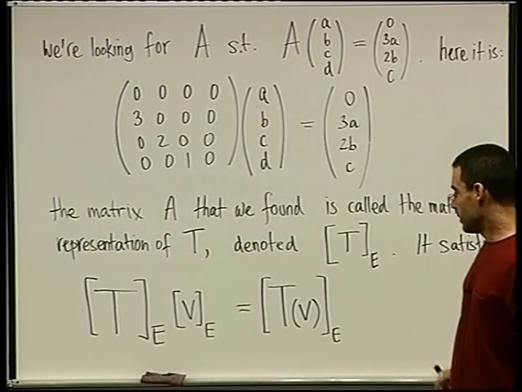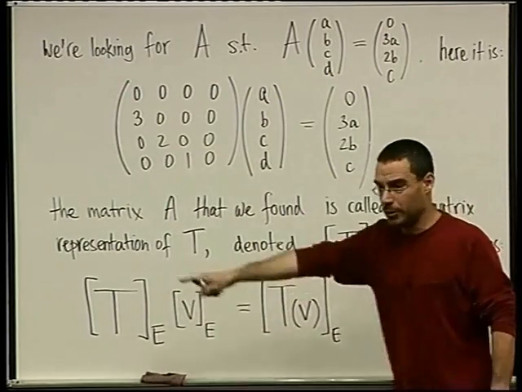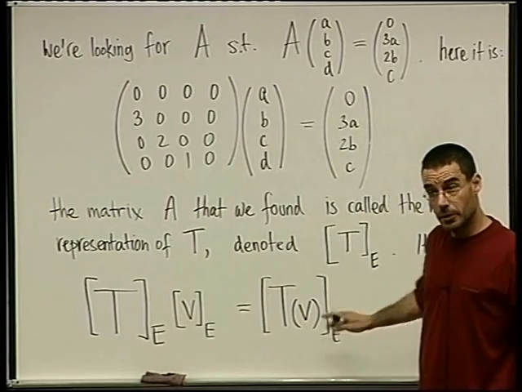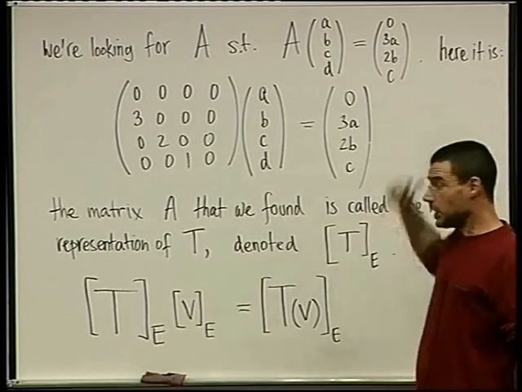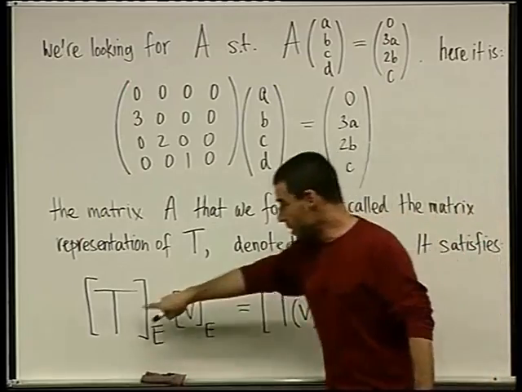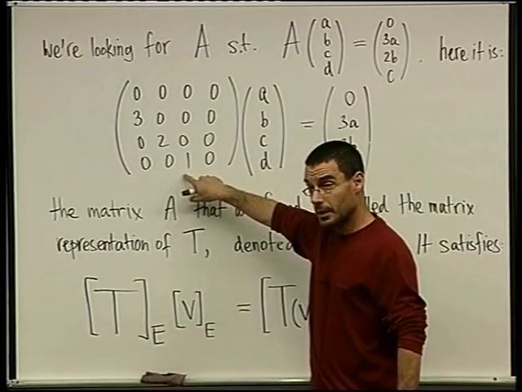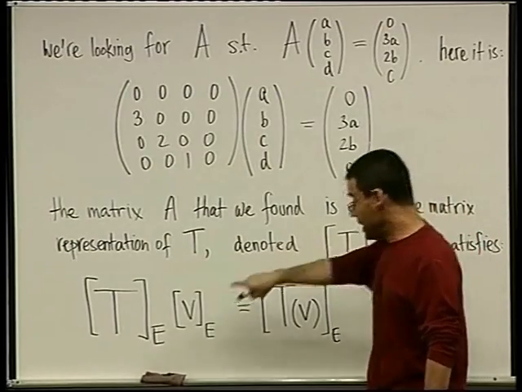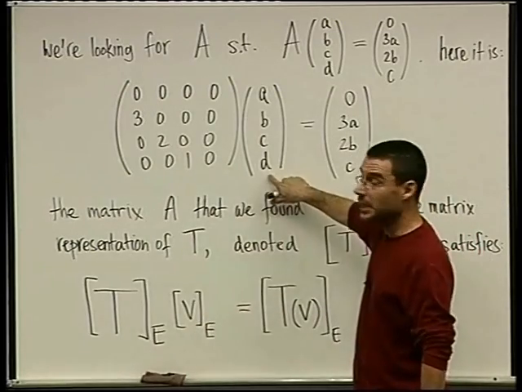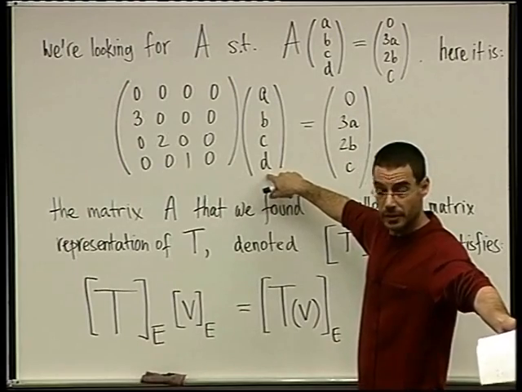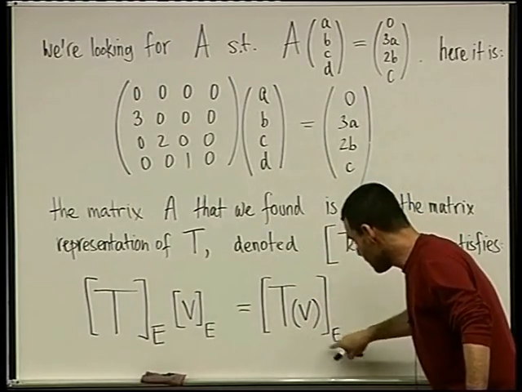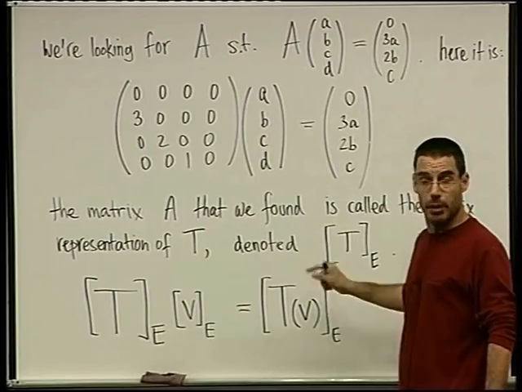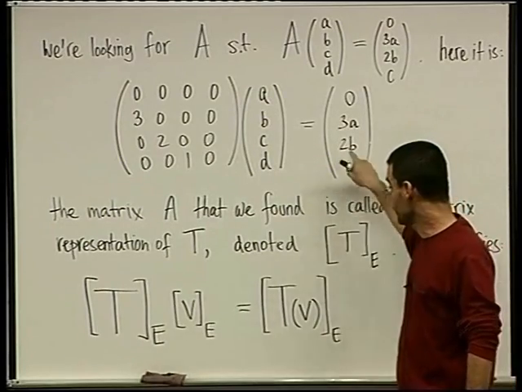Sometimes students freak out when they see this, but there's no reason to freak out. It's really just what we did. This is the matrix A that represents T with respect to the basis we chose. This is the coefficient vector of v, p(x) in this case. This is the coefficient vector of T of v, p'(x) in this case.